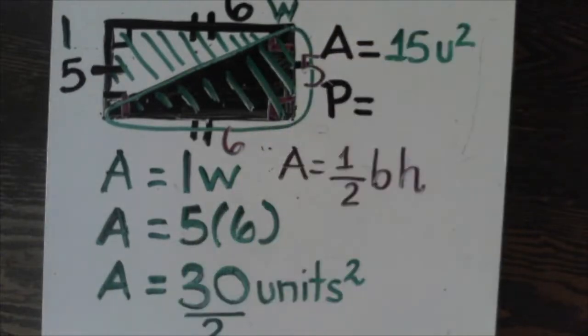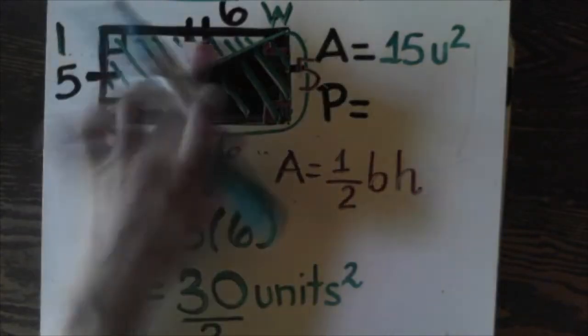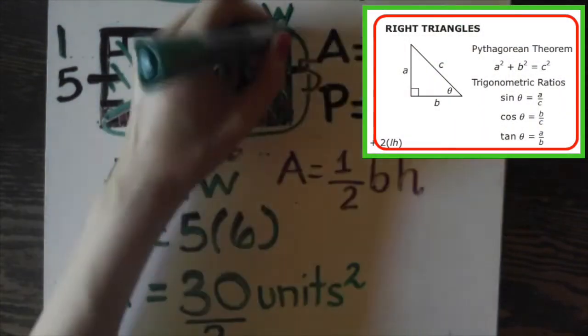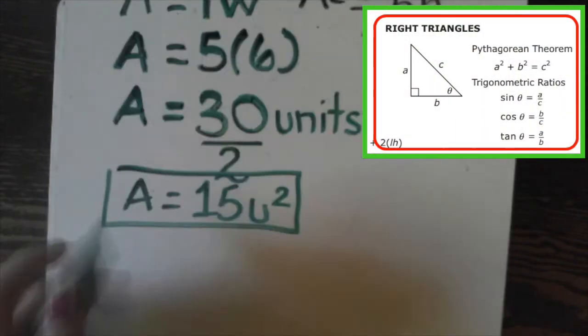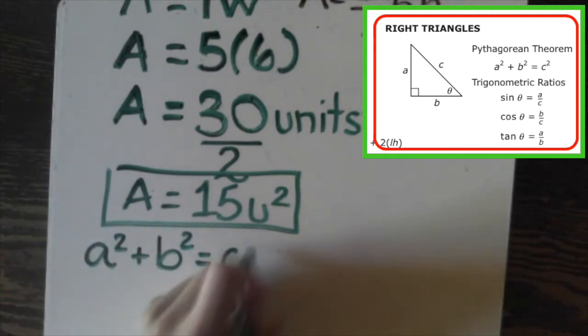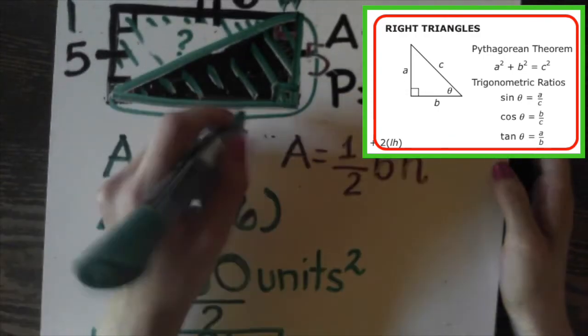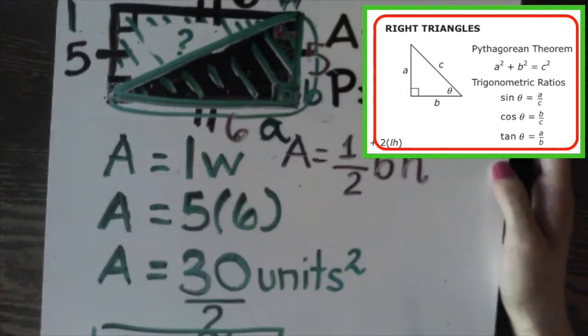To find the perimeter, I have to now look at the shaded region and add all the sides. I have 5 plus 6 plus 1 missing side. Because it is a right triangle, I can use the Pythagorean theorem. A squared plus B squared equals C squared. Remember, A and B are interchangeable.